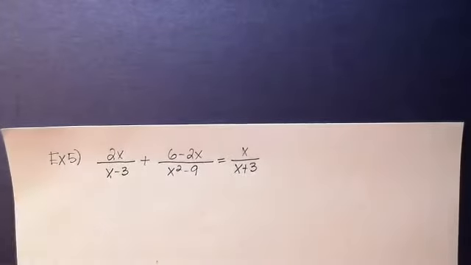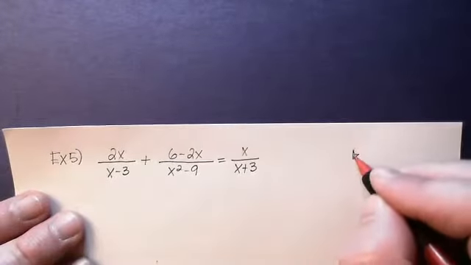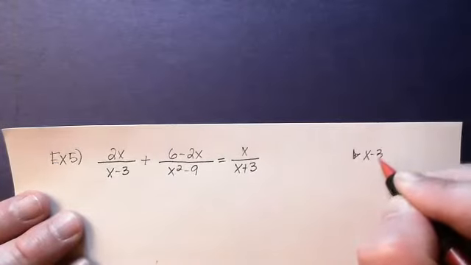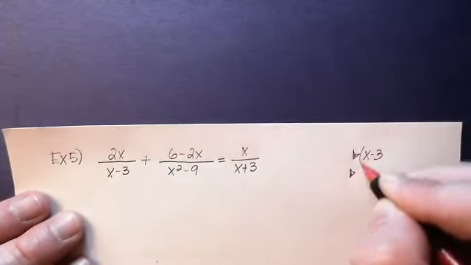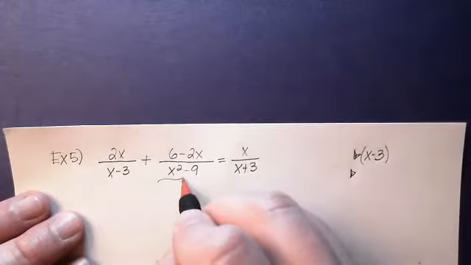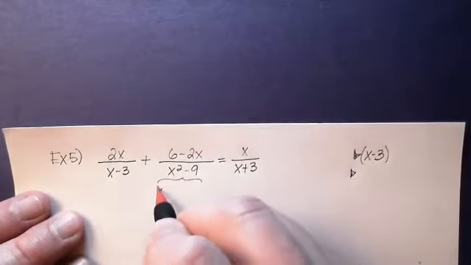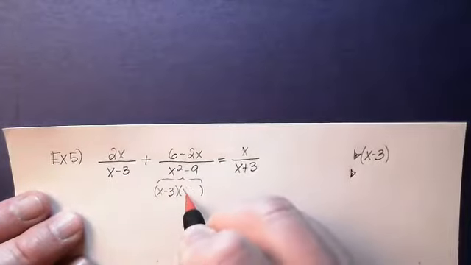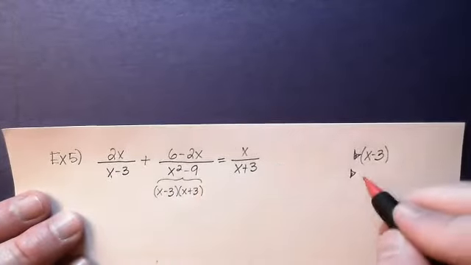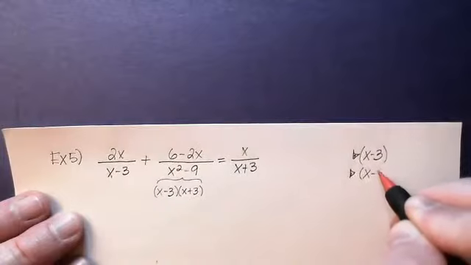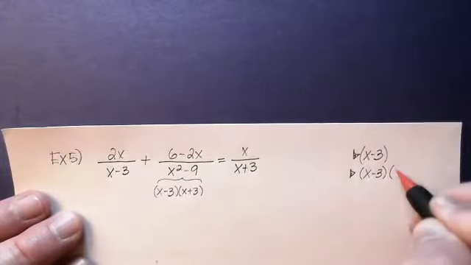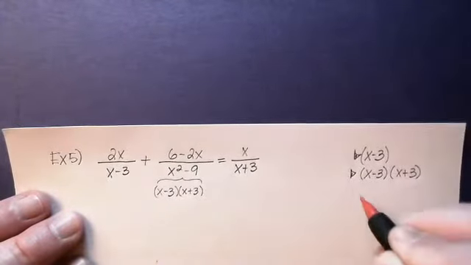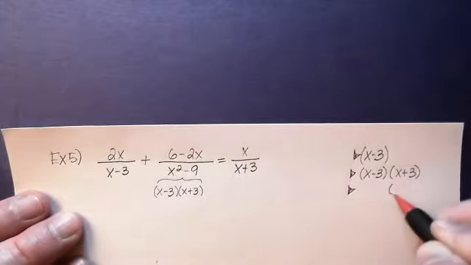So I'm going to take my first denominator, which is x minus 3. My second denominator, if you remember, is a special factor which can be factored as x minus 3, x plus 3. So my second denominator is x minus 3, x plus 3. And my last denominator is x plus 3.